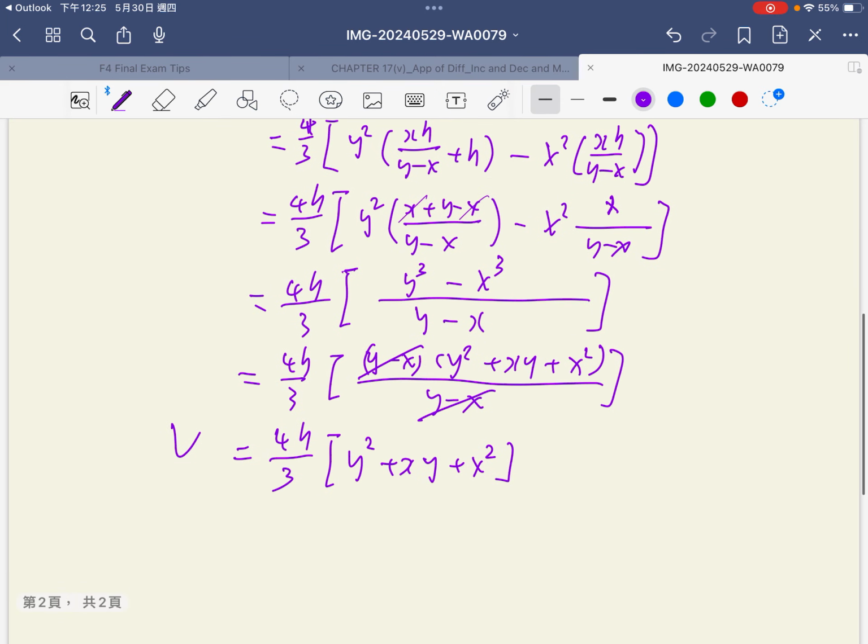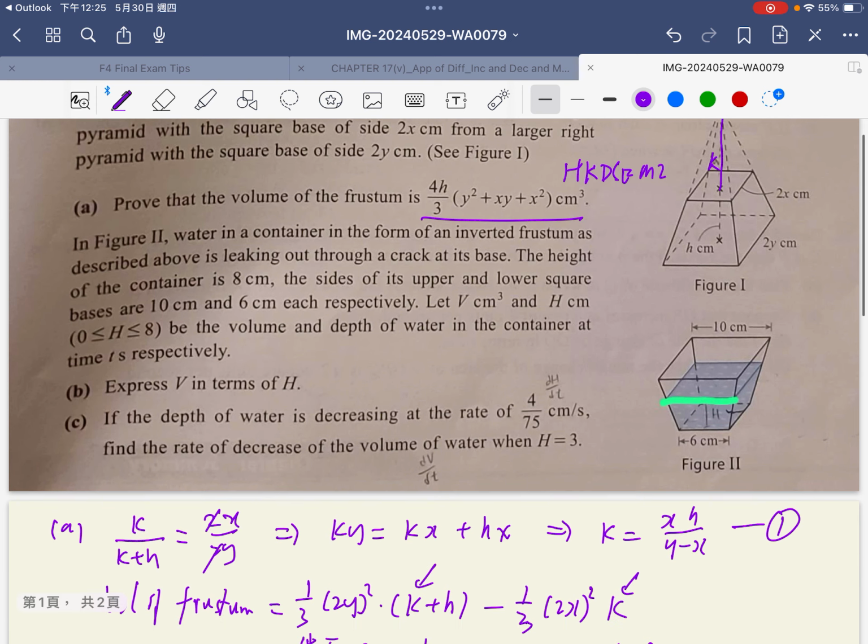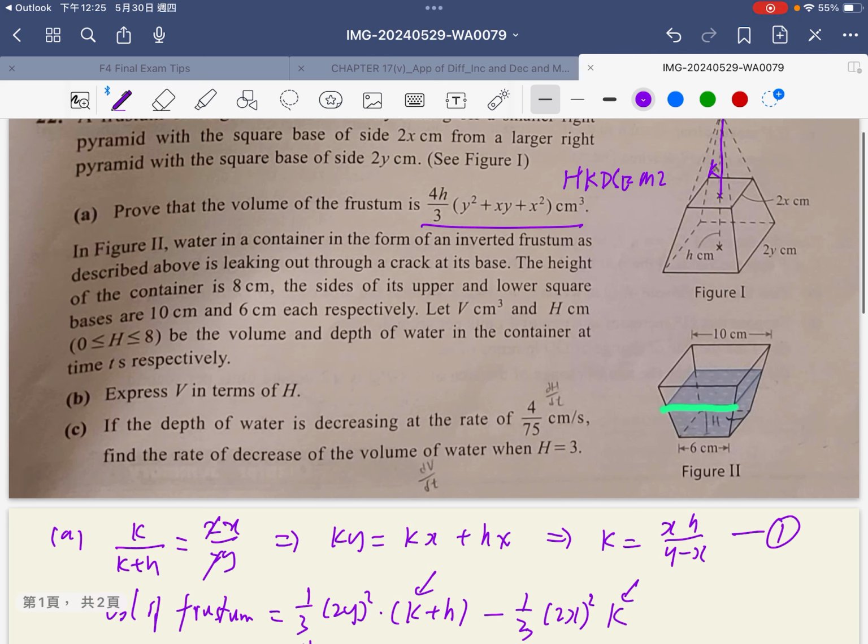Okay, for the second part, there is an inverted frustum, and you can see this frustum is actually equivalent to this frustum.